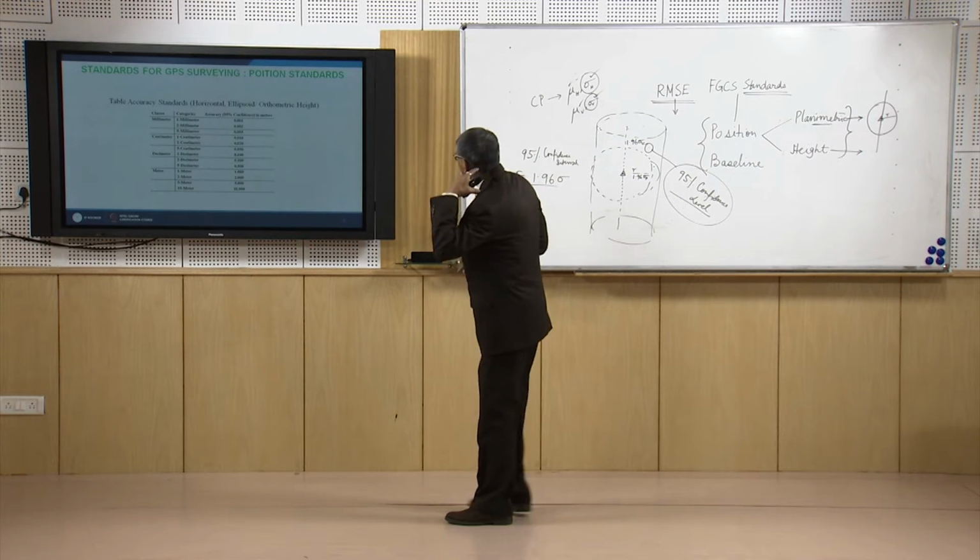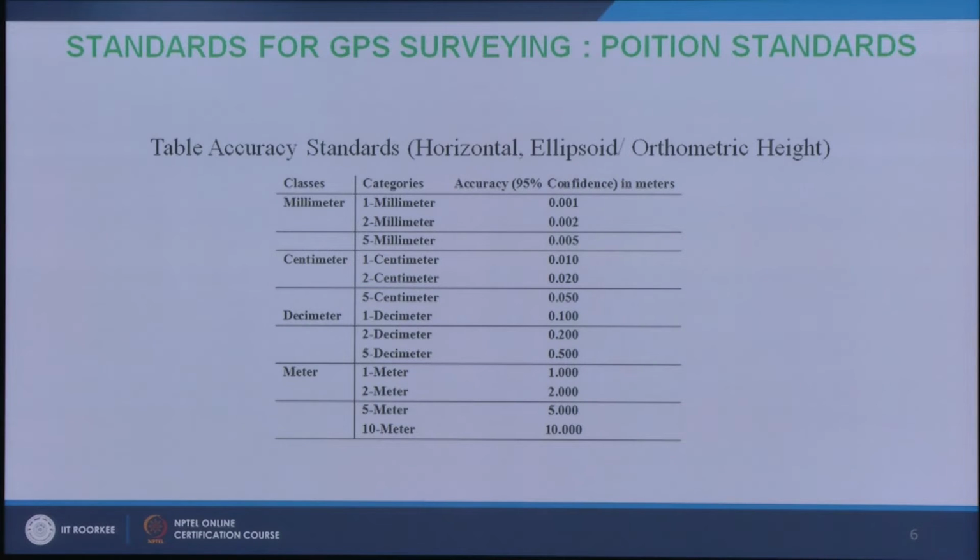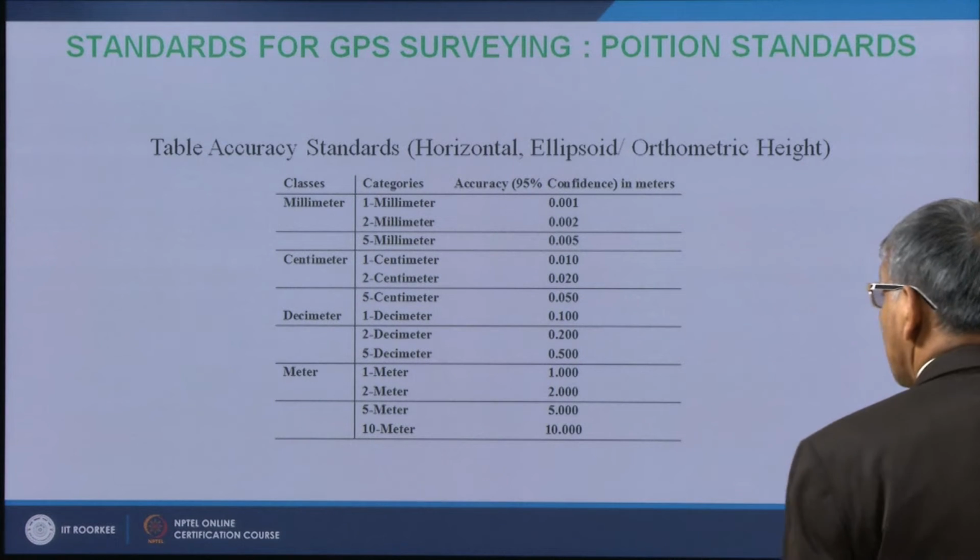Now within the millimeter again we can have 1 millimeter or 2 millimeter standard or 5 millimeter standard, centimeter 1 to 5 centimeter, decimeter 1 to 5 decimeter, meter 1 to 5 meter, and finally 10 meter.